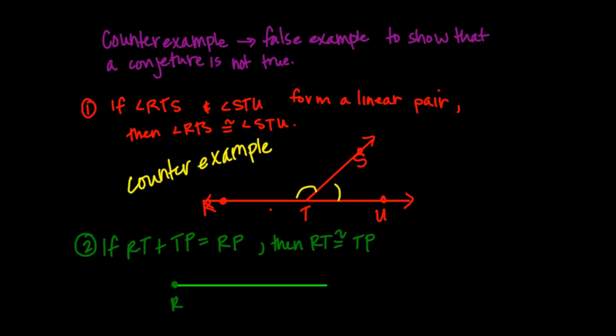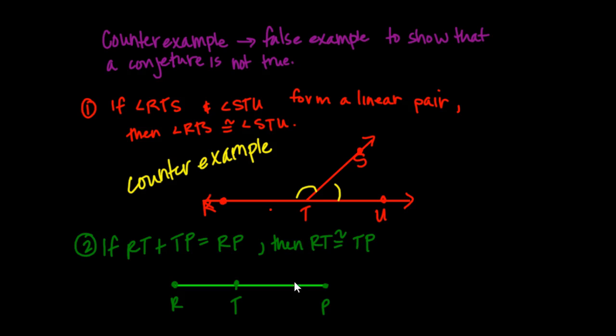So I have RT, and then I'm going to go ahead with T to P, right? It says if RT plus TP equals RP, which means I have these sections, RT plus TP equals the whole thing. So there's our little segment addition property.